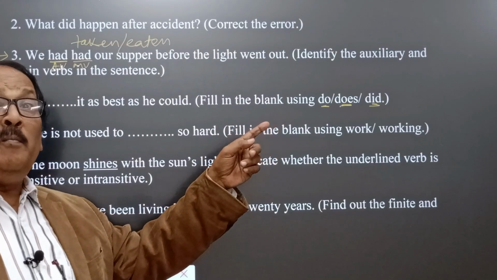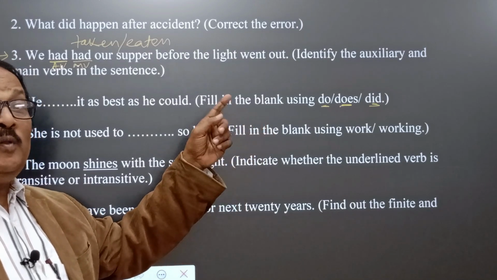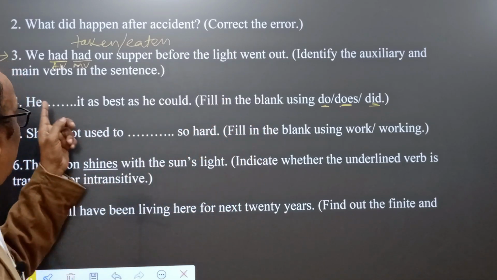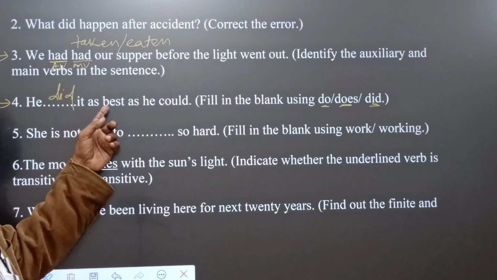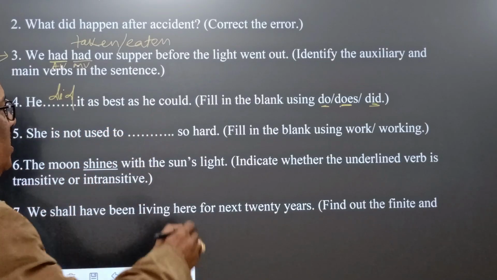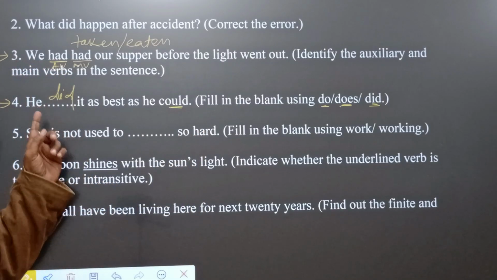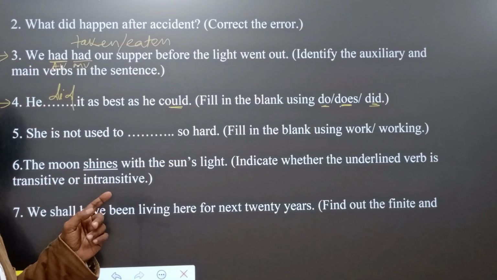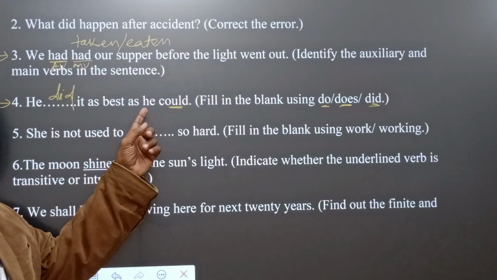All these are main verbs, and we have to use the suitable one and fill in the blank. He did it as best as he could, because could is in past tense. Therefore, did is the suitable answer. It means he performed it as best as he could.